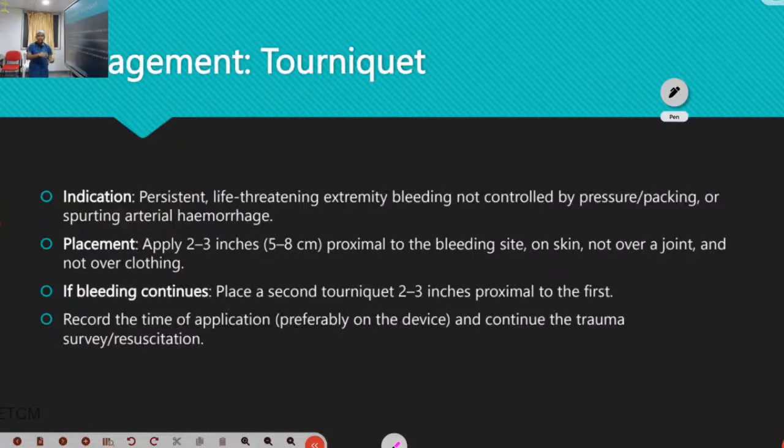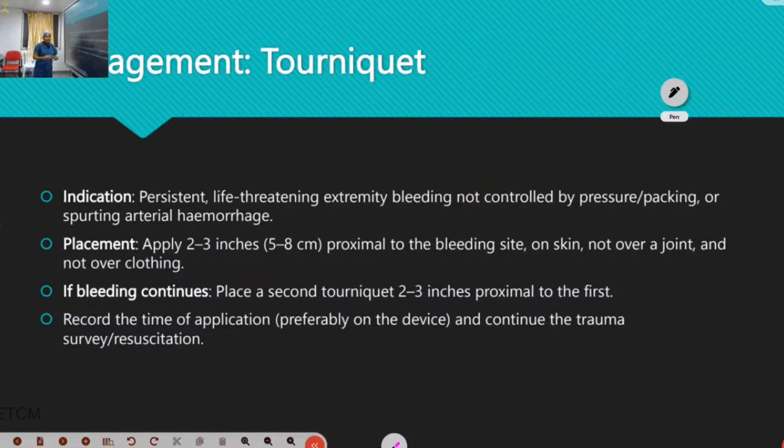Initially, as we said, first we expose the site and then do direct pressure and wound packing. If we couldn't stop the bleeding with that, we go for tourniquet application. To apply it, as we mentioned, we place it 2 to 3 inches, around 5 to 8 centimeters, proximal to the wound site.